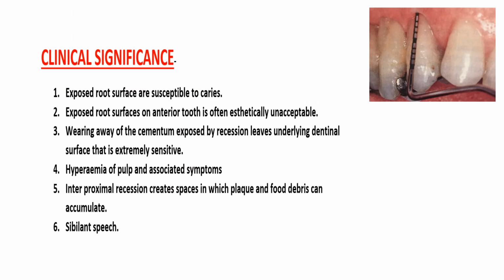Then the clinical significance. First, how you're going to see the recession clinically: you're going to use your periodontal probes. The periodontal probes have several markings on them. You're going to place this periodontal probe on the tooth surface, and you're going to feel a roughened portion, and that is the CEJ, because it is a junction.